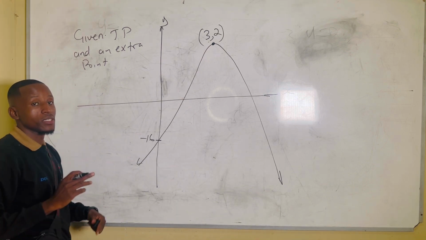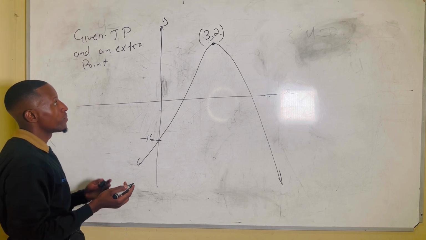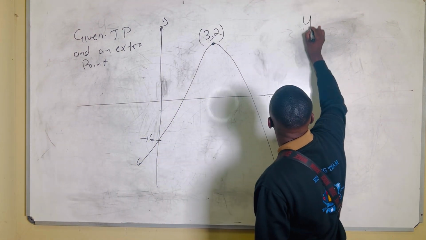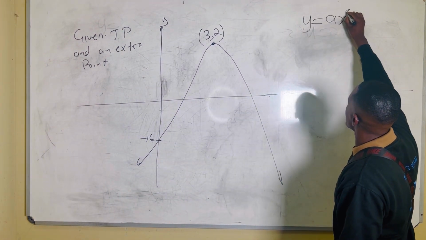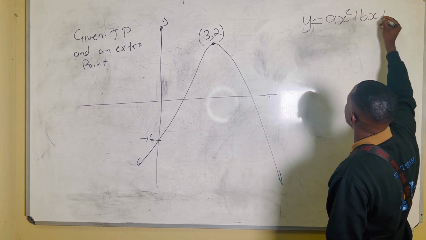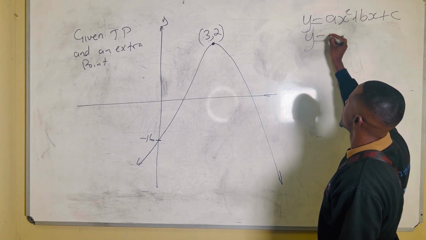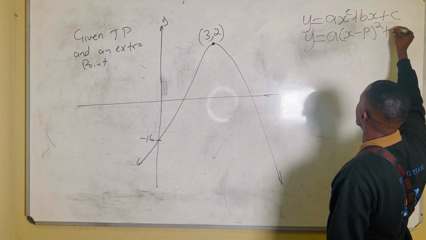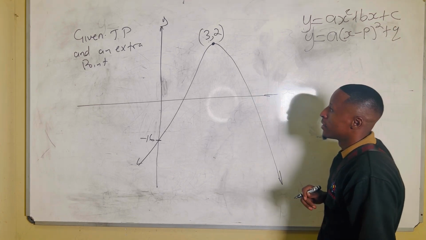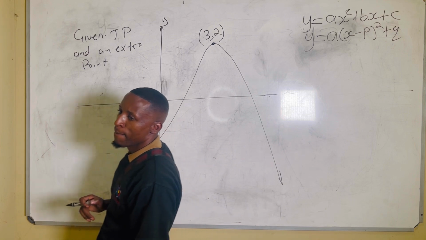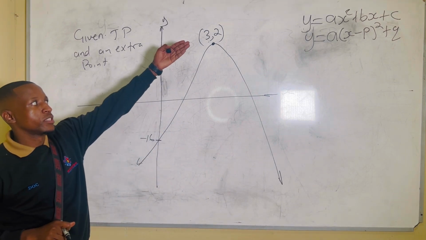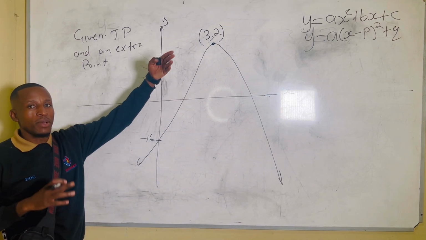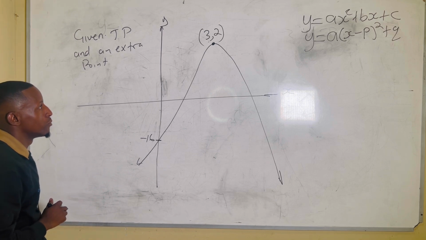Some questions specify that they want it in this format, or some of them they can say they want it in this format. That's why what I was explaining a few minutes ago was how you move from that one to that one. How do you go back? By expanding. So it's very, very important.